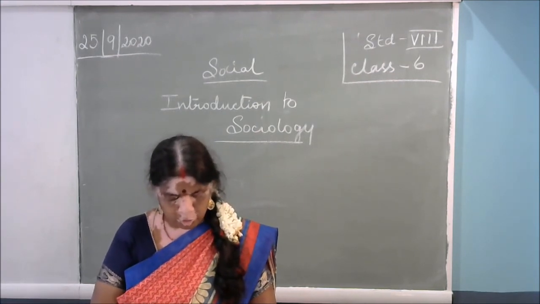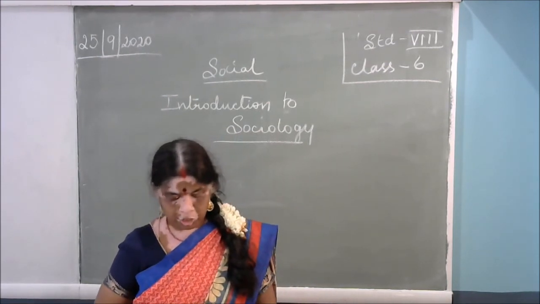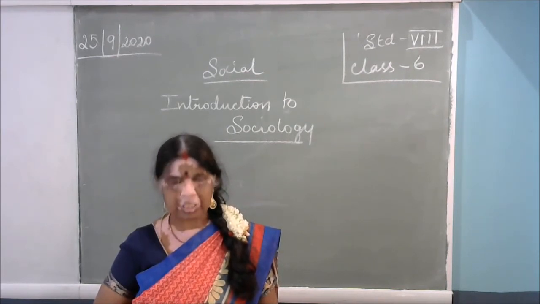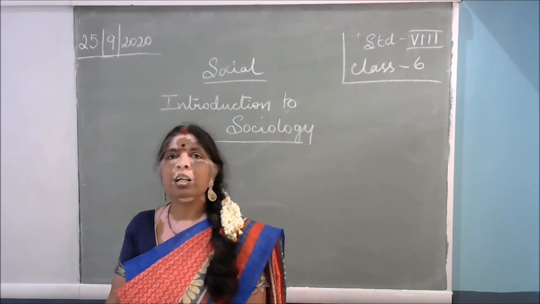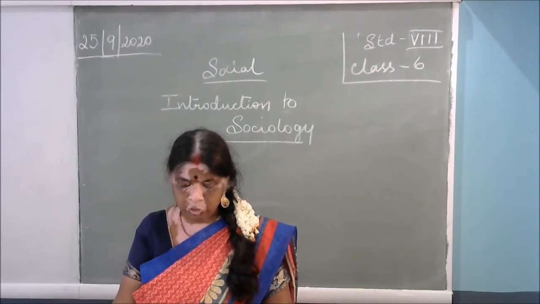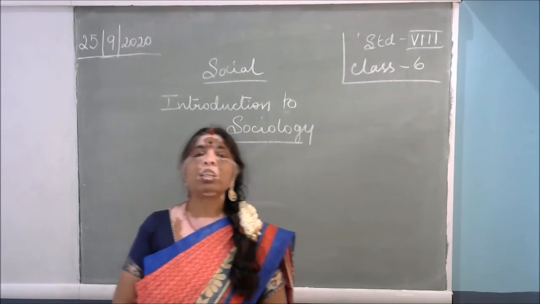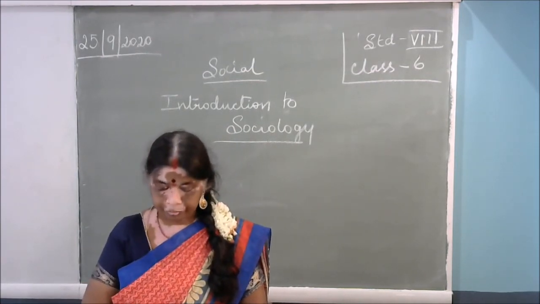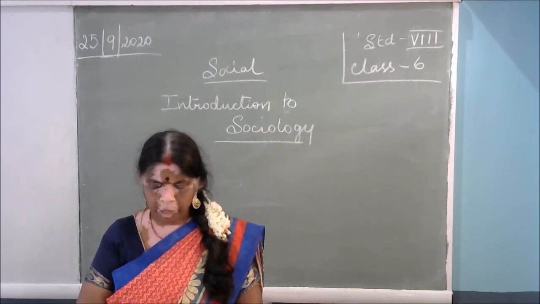Let us see the features of sociology. First, sociology is a social science and not a physical science. Second, sociology is a definitive study but not a directive study. Third, sociology is a pure science and not an applied science.